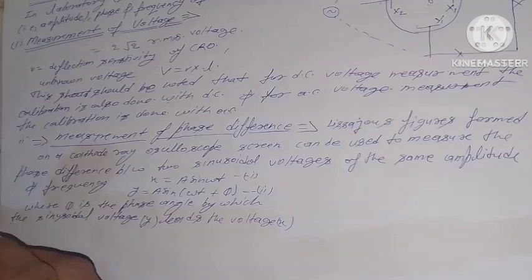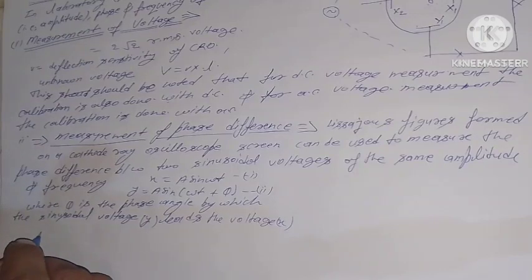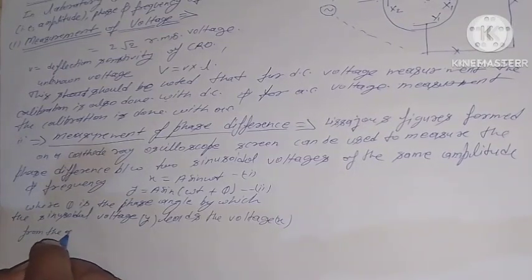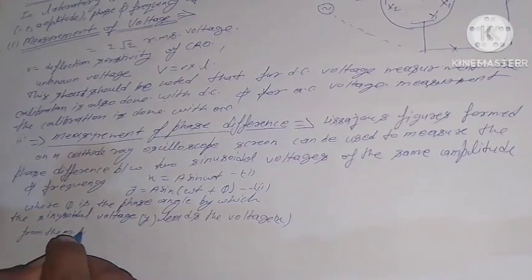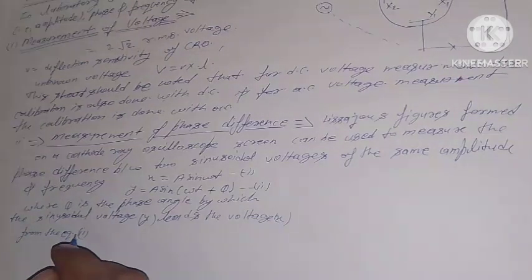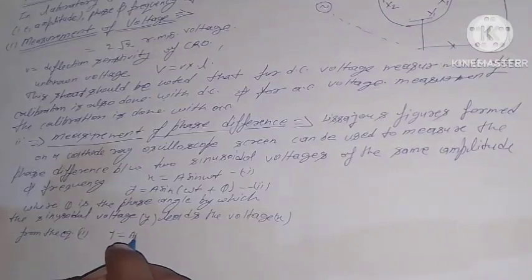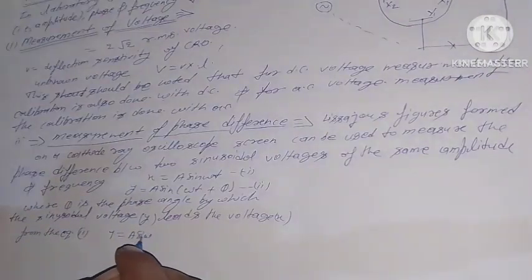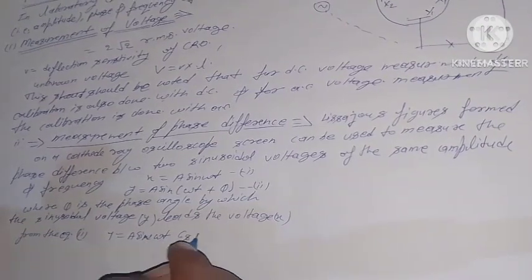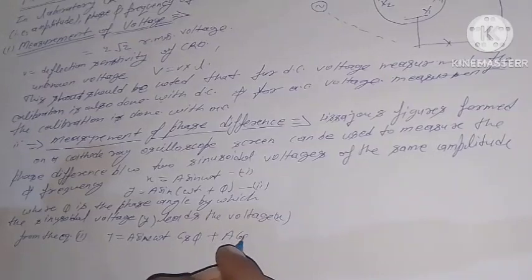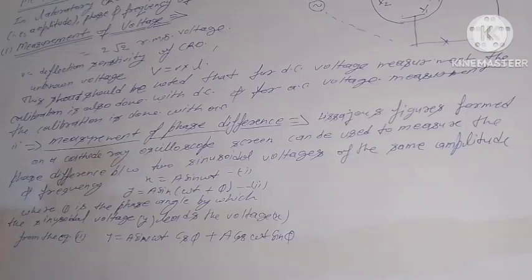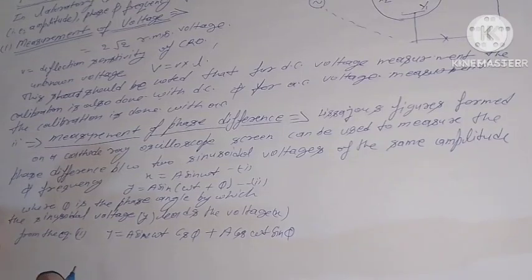Equation number two can be put in the form y equals a sin omega t cos phi plus a cos omega t sin phi.